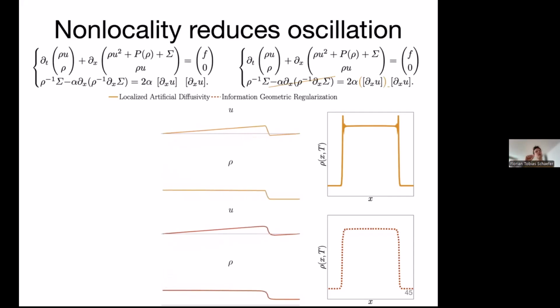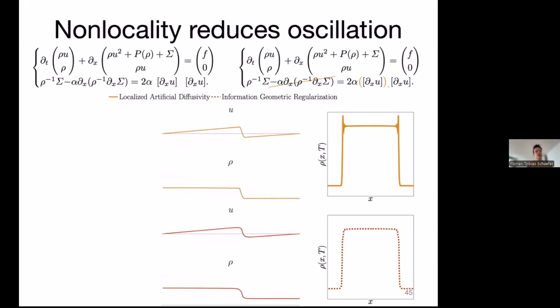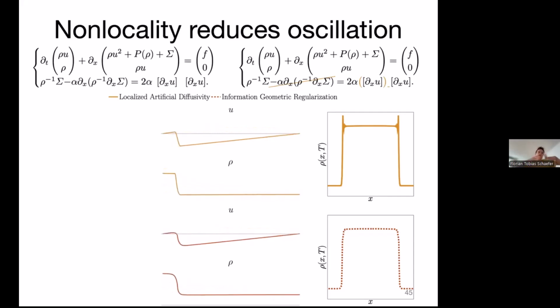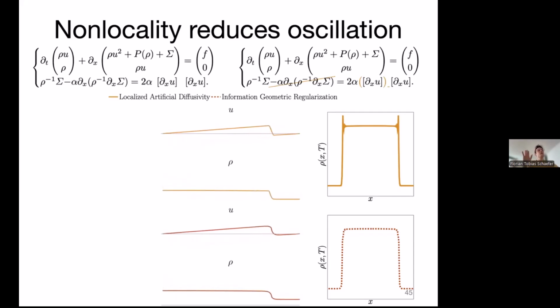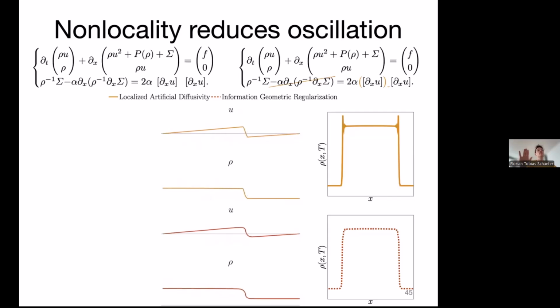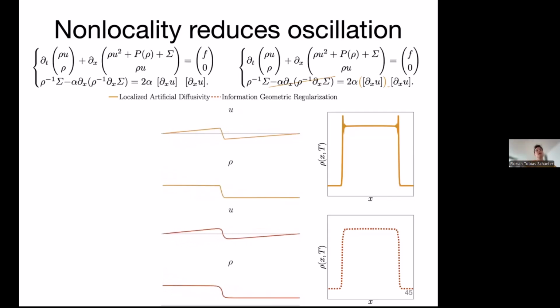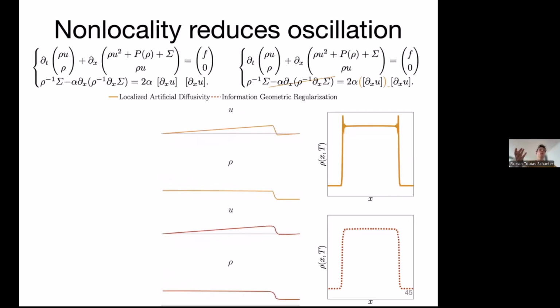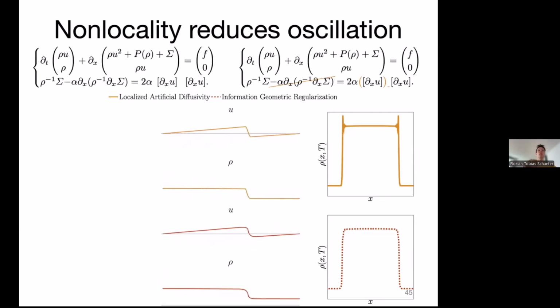And that's why we see this sudden change in the velocity. Whereas now, because we have this elliptic problem that propagates information a bit further, we can tell gas particles to start slowing down even before they hit the shock. And that in turn allows us to get these smooth global profiles. That's an important asset whenever we work with very low dissipation numerical methods that otherwise will still develop Gibbs phenomena.